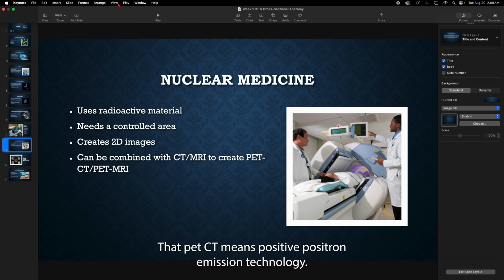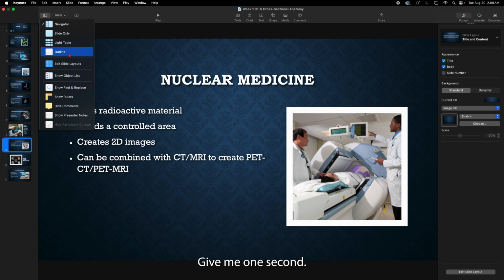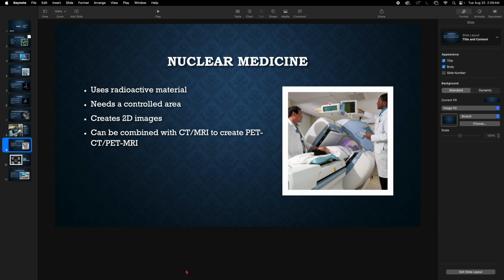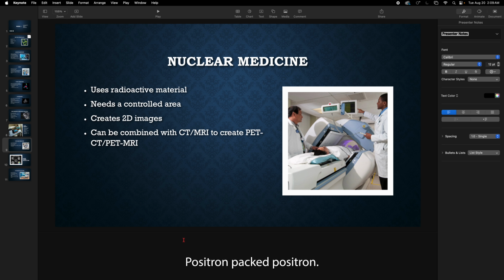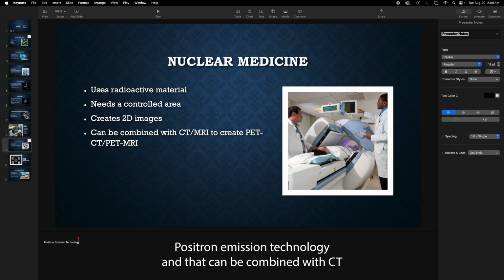PET stands for positron emission technology. Let me write that down for you. PET-CT, positron emission technology.